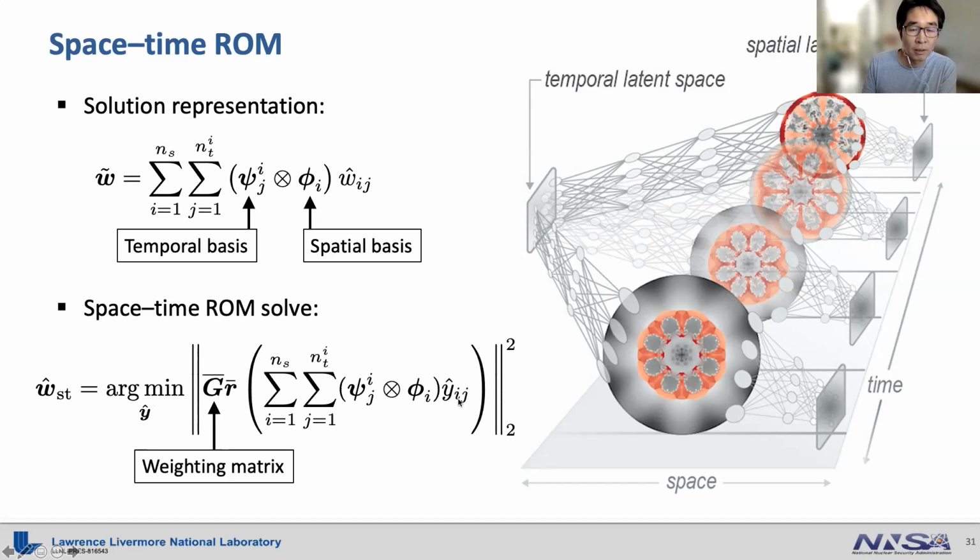Once this is found, in order to reconstruct the whole space and time solution, we don't rely on a time marching algorithm. We just plug this coefficient in, multiply it with the space-time basis, and reconstruct the whole space-time solution. So since you found the whole space-time solution, you don't have to time march anything.